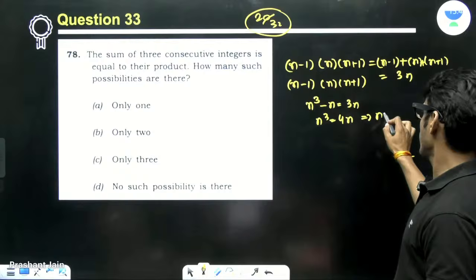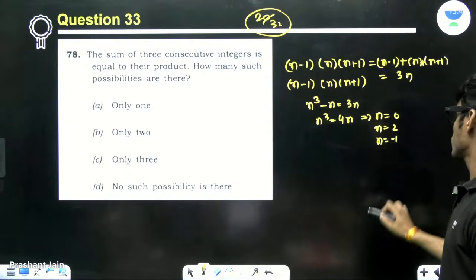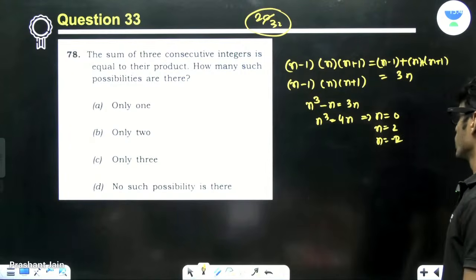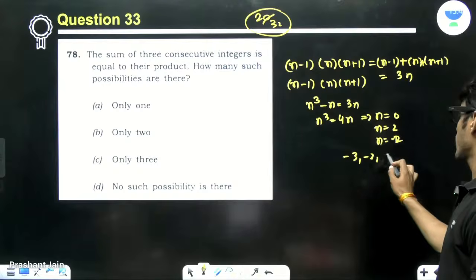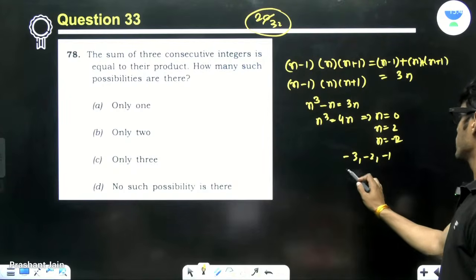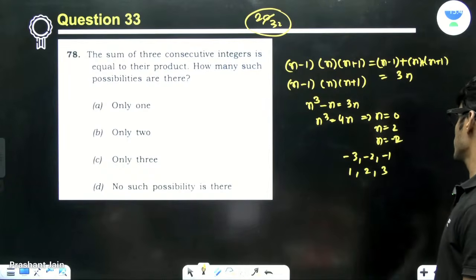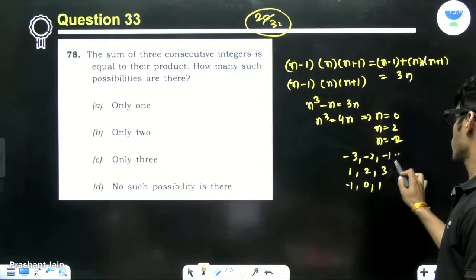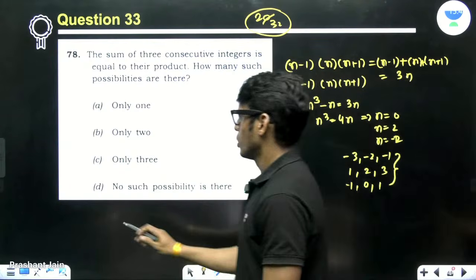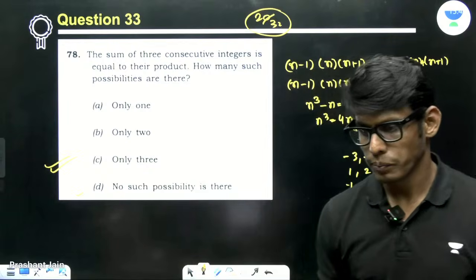So you will have n equal to 0, n equal to 2, n equal to minus 2. Right? So minus 3, minus 2, minus 1 is one combination. 1, 2, 3 is another combination. And then minus 1, 0, 1 is another combination. These 3 combinations. Only 3.